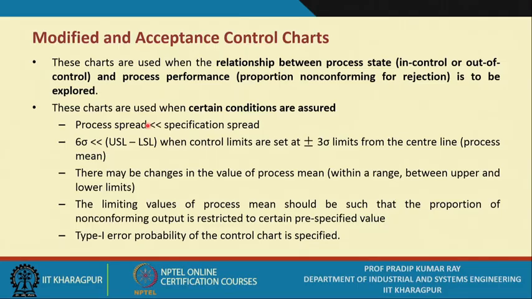So obviously, the process spread is 3 sigma on one side and 3 sigma on the other side. So the total is 6 sigma, that is, 6 into sigma.